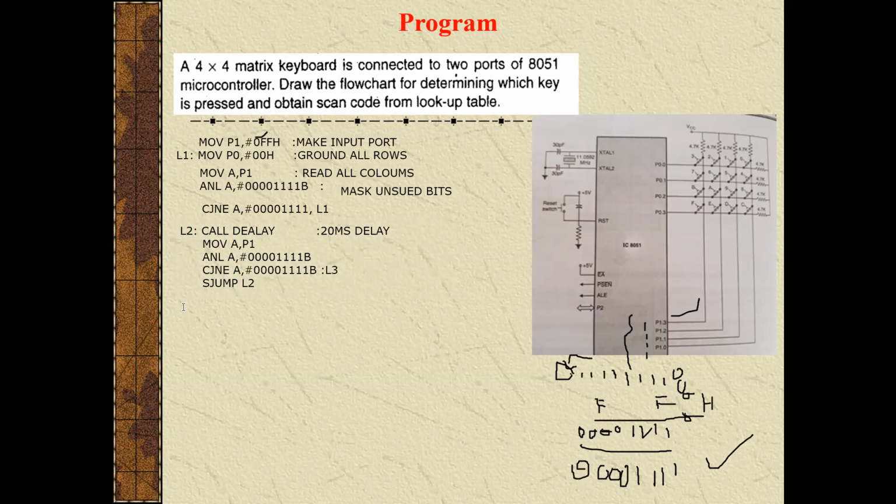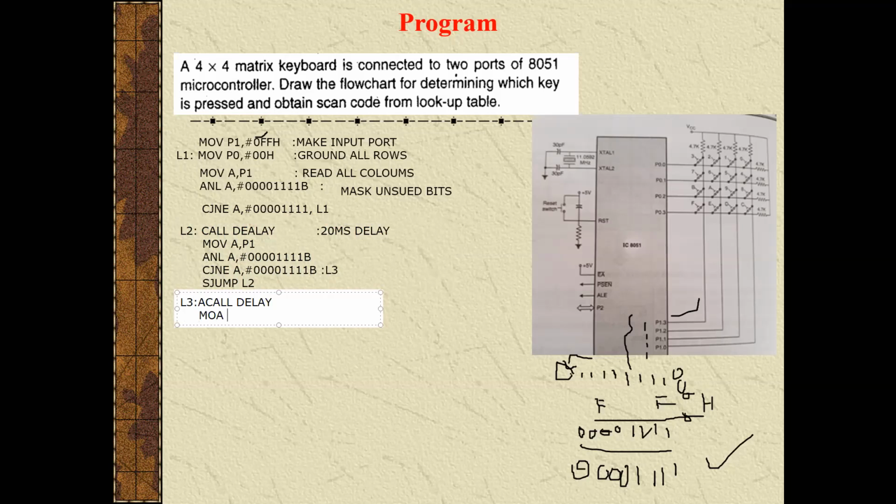Here, this is loop 3. If a key is detected, if any key short circuit is detected, then it will jump to loop 3. So what will happen in loop 3? We will call the delay here. After calling the delay, I will check again to ensure the key is pressed.